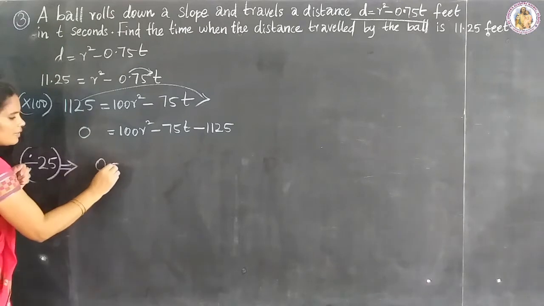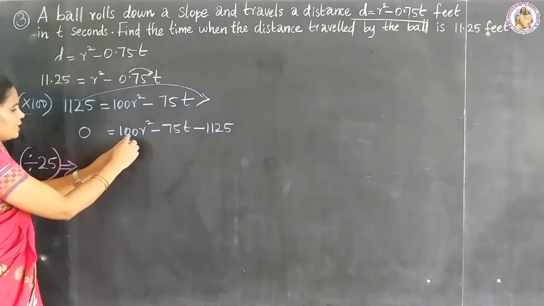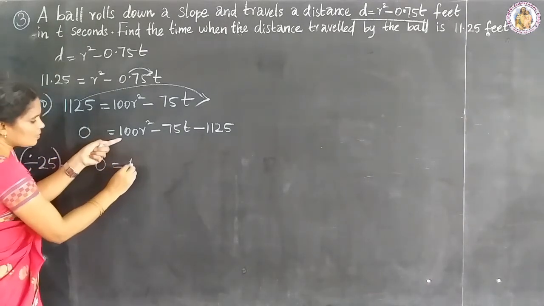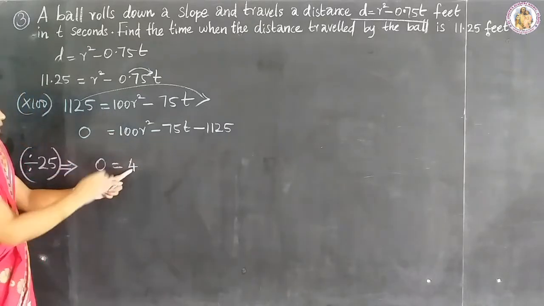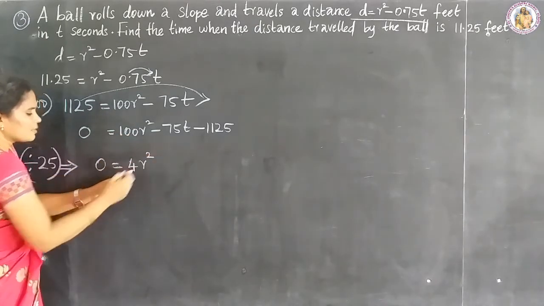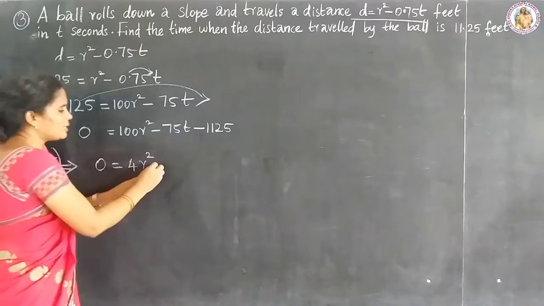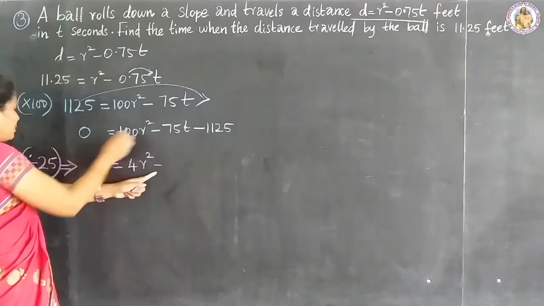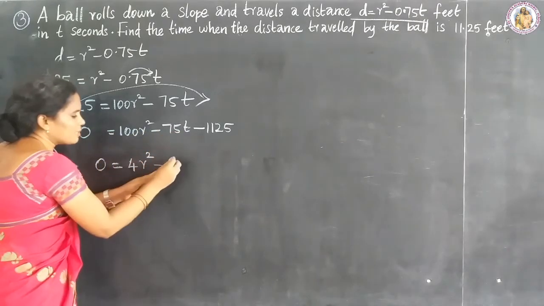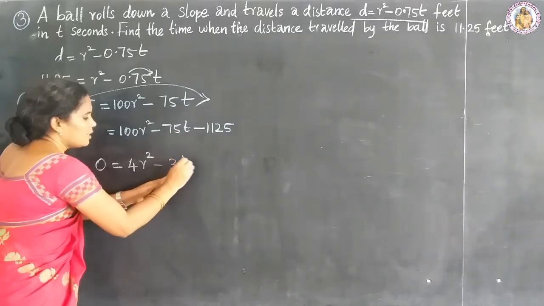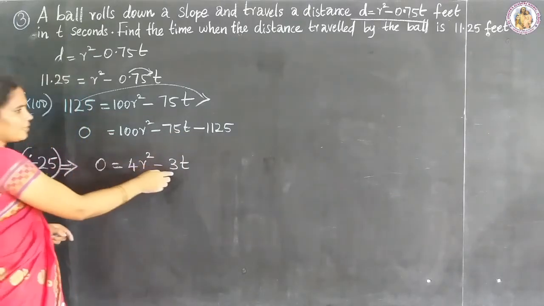So 0 is equal to 25 divided by 100, 25 fours are 100, so 4t square minus 75 divided by 25. How many times? 3, 3 into 25, 75.